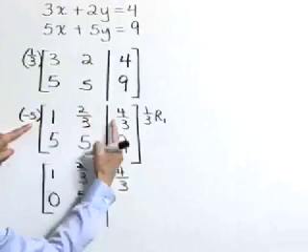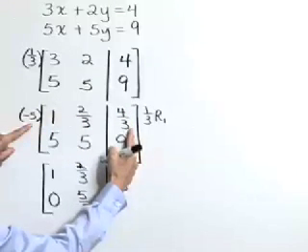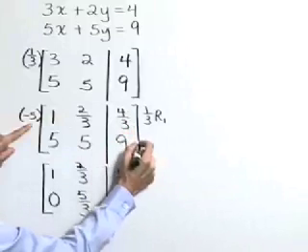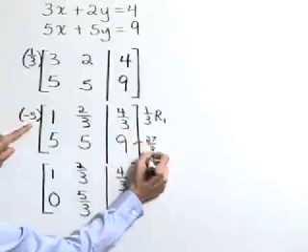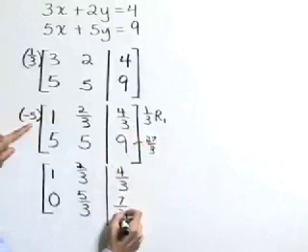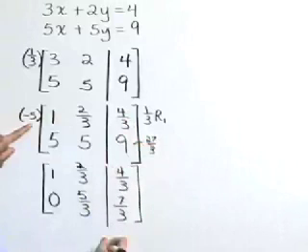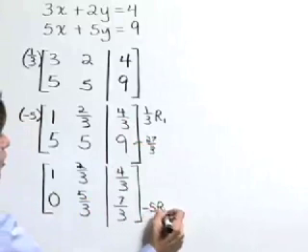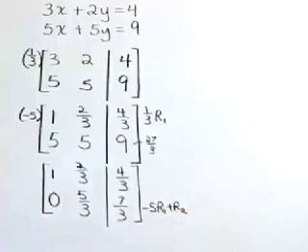Lastly, -5 times 4/3 is -20/3. Think of that 9 as 27/3. That sums to 7/3. Just leaving a note then, this row is -5 times row 1 plus row 2.